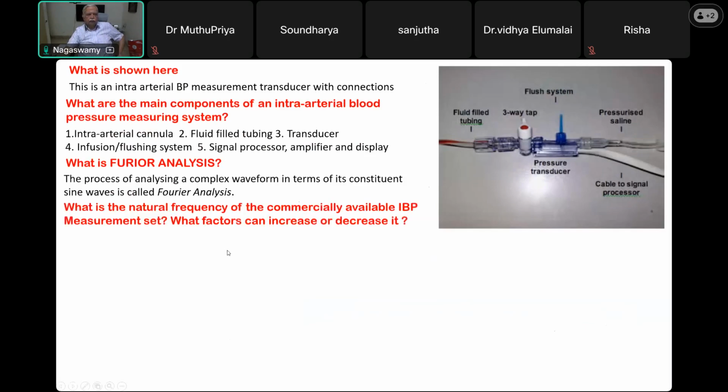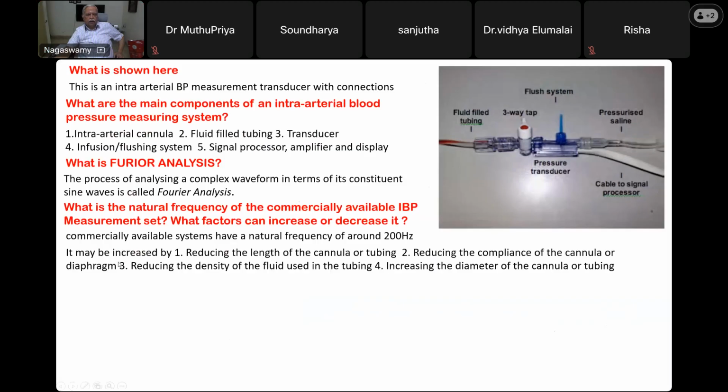So when the waveform becomes complex, you can break it down into the basic sine waves, and that is called Fourier analysis. What is the natural frequency of a commercially available intra-arterial pressure measurement set, and what factors increase or decrease it? Natural frequency is about 200 hertz.